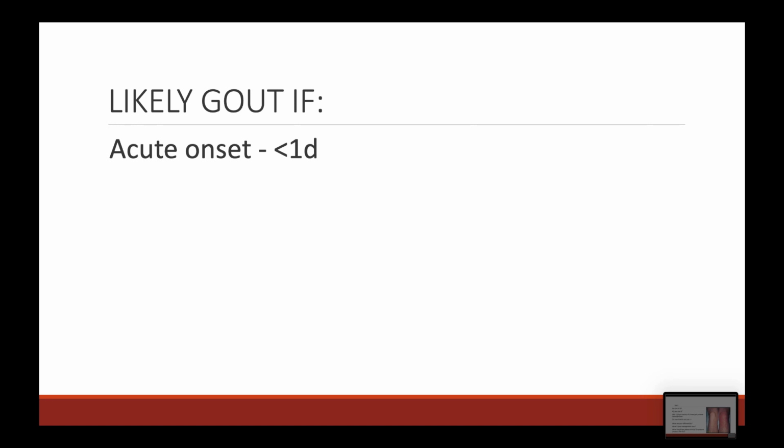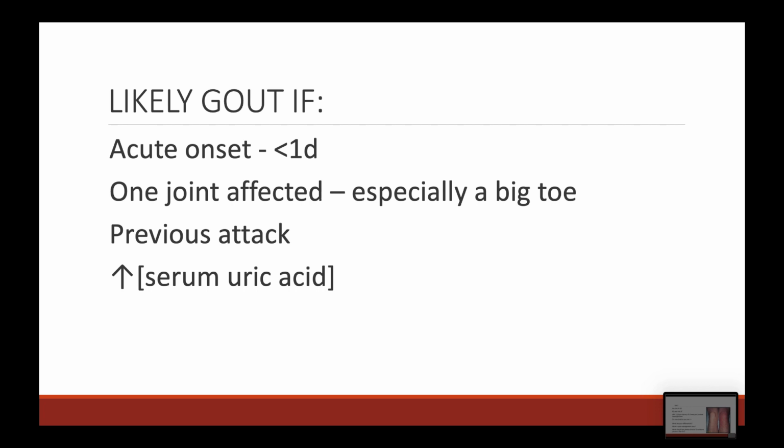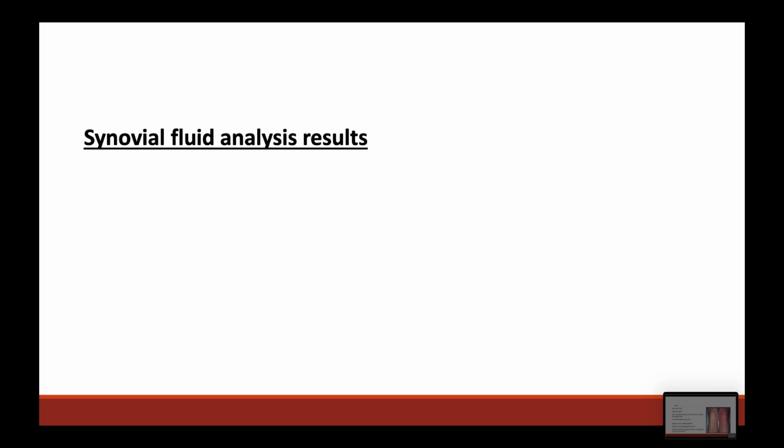So you think about gout if it's acute onset within a day, and it only affects one joint, especially the big toe, as well as any history of previous attacks, which all could be suggestive of gout, as well as increased uric acid levels. And apart from that, you can also see that there's no organism in the synovial fluid aspiration.